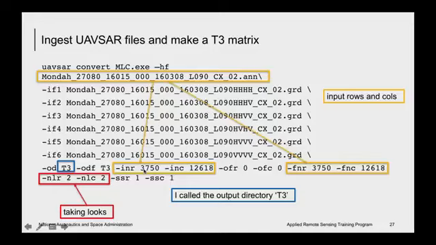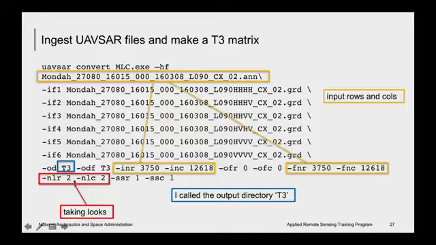The input number of rows and columns is something that you can find in the annotation file. It's just the size of your raster. The offset row and offset column, as I mentioned before, is 0, no offset today. The final number of rows and columns is the same as before.